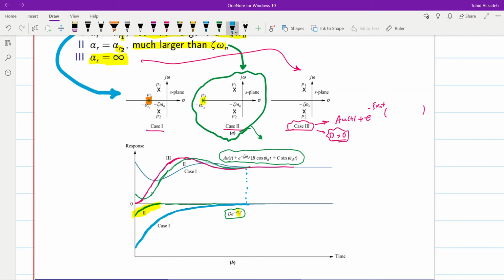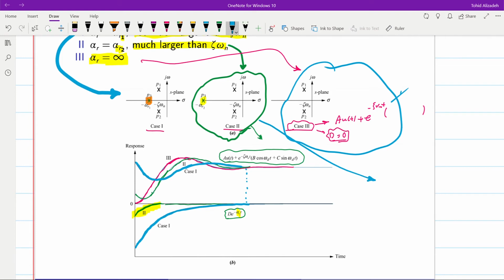So it will have a longer effect. And you can see here the first part of the response, and it is quite different than what we had for the case with no additional pole. Obviously, if you add these two to each other right at the beginning at 0 plus, the response will be equal to 0, but then the shape of the response will be different than the case that we had for this.